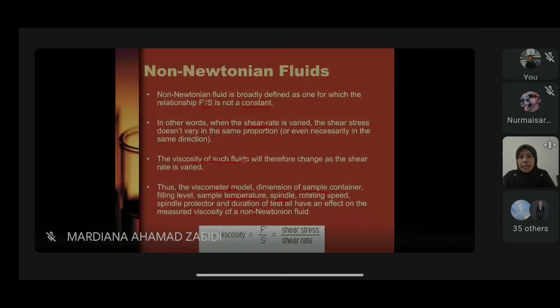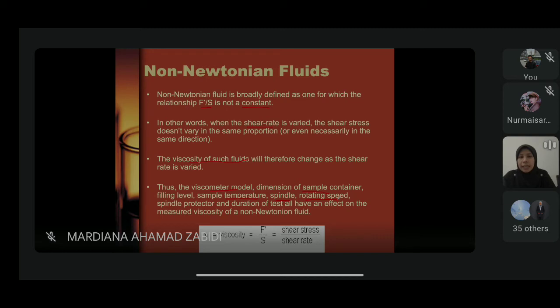As for rotating speed, when you join industry later, we don't have a fixed law. What is the rotating speed required? What will be the viscosity range of this particular product? We don't have that kind of law.